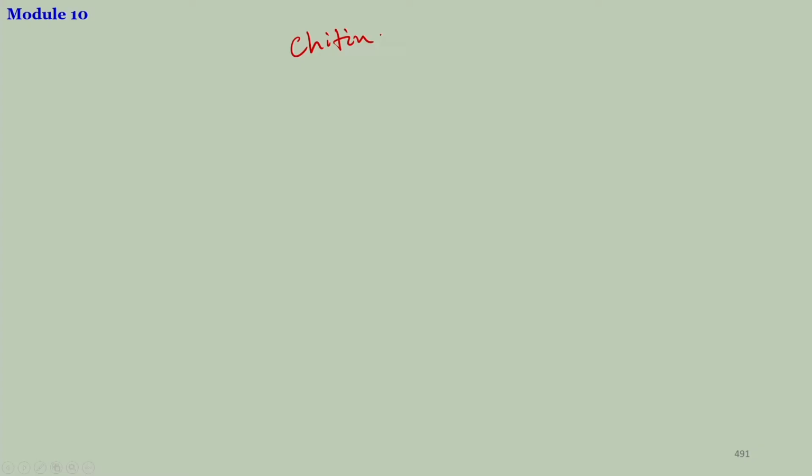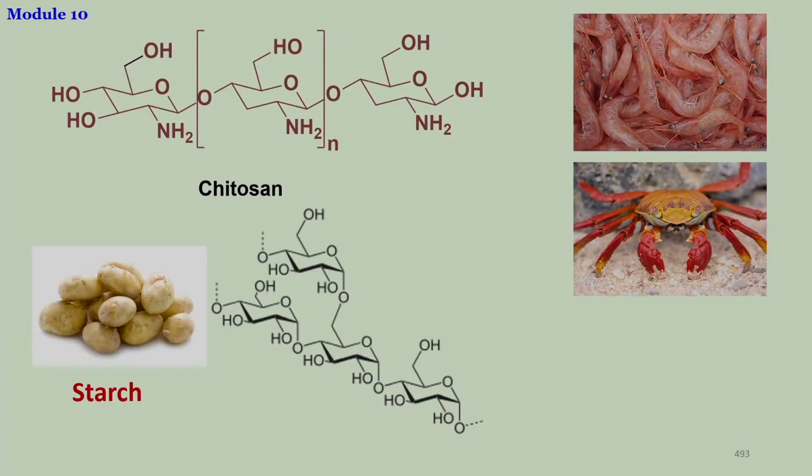Chitin is a polysaccharide. From chitin comes the biological macromolecule chitosan. So, this is obtained, I will show you the source here.